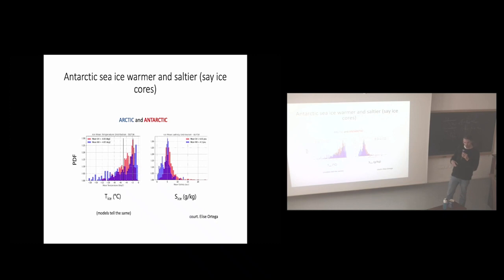But the other part is also linked to the input of salt linked to snow ice formation that we don't really well understand. So the Antarctic sea ice is more saline, probably because of the flooding of seawater, but we are not in a position to explain that as cleanly as for the Arctic.